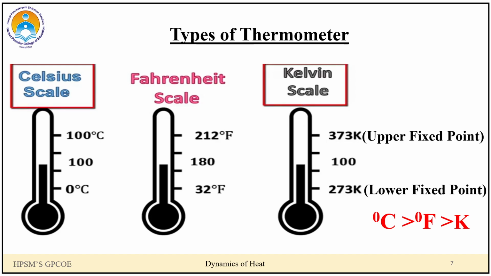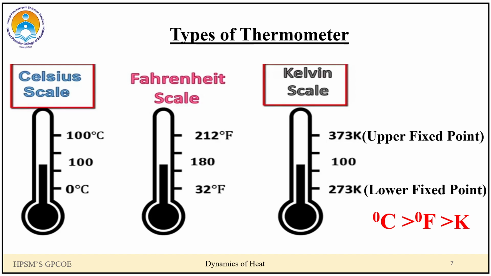In the Fahrenheit scale, the lower fixed point is 32 degree Fahrenheit and the upper fixed point is 212 degree Fahrenheit, and the difference is 180 degree Fahrenheit. In the Kelvin scale, the lower fixed point is 273 Kelvin and the upper fixed point is 373 Kelvin, and the difference is 100.